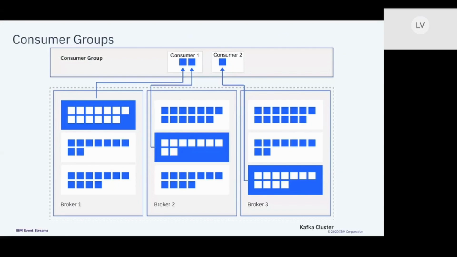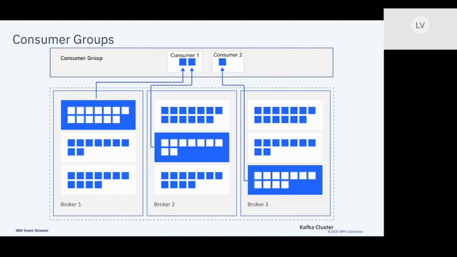Let's imagine that consumer 1 will consume the information from this partition, and as well from the second one, and consumer 2 will consume the information from partition 3. That's a way to consume quickly and to manage scalability from the consumer point of view by managing a consumer group.